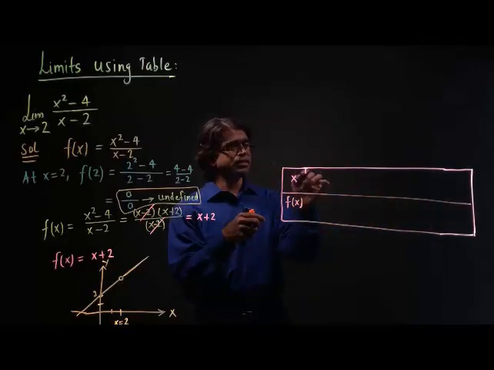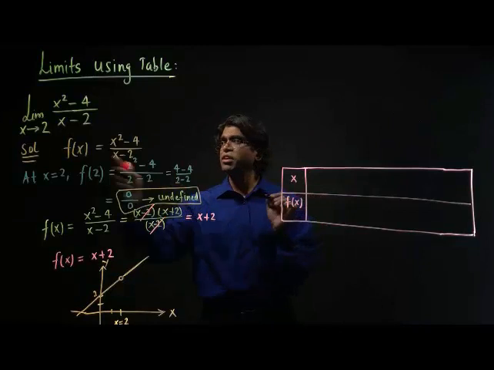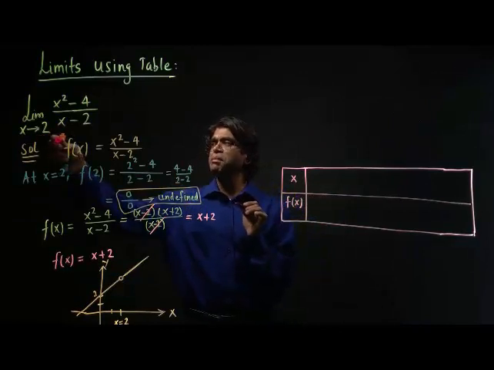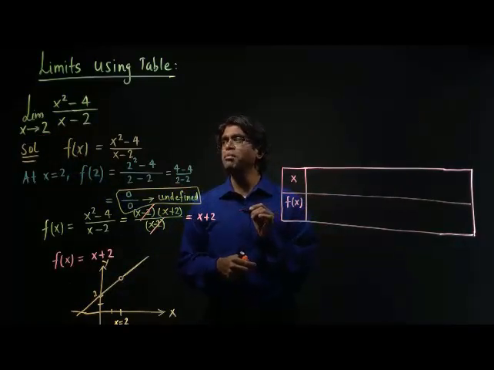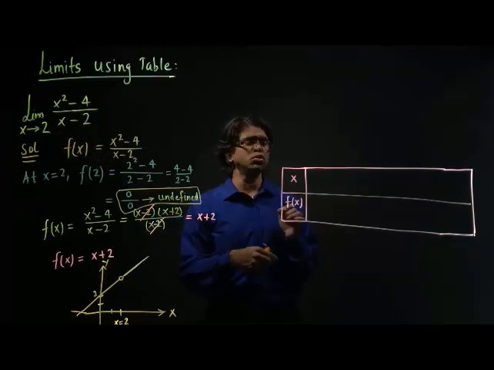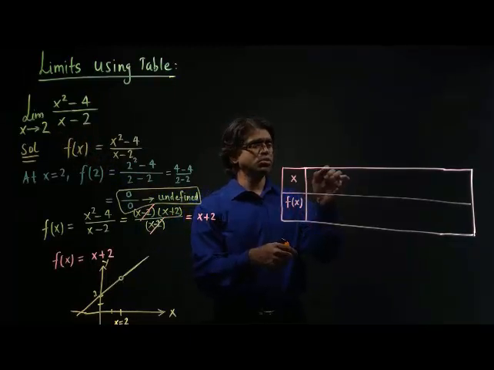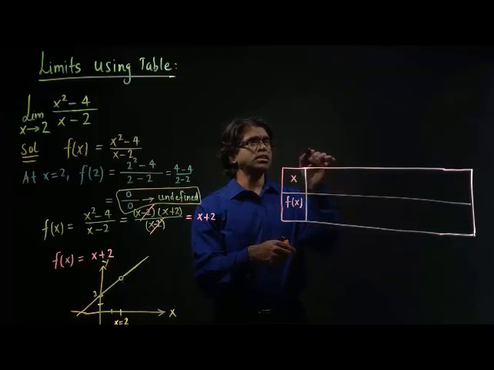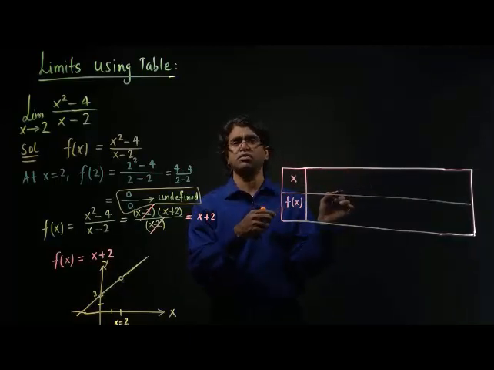I'm going to consider some values. We want to find the limit at x equals 2, so I'm going to consider points that are close to x equals 2. I'm going to consider points on both sides of 2.